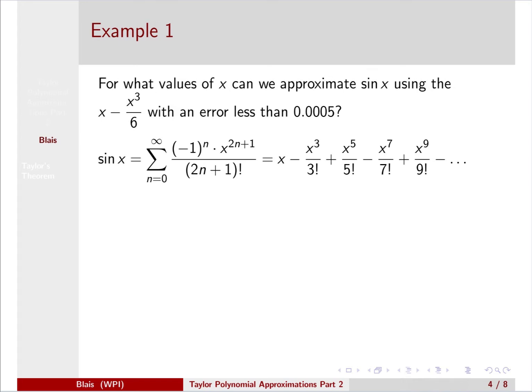So first, for what values of x can we approximate sine of x using x minus x cubed over 6 with an error less than 0.0005? Well, we note that when we're asked for what values of x, we are being asked, what's the interval?